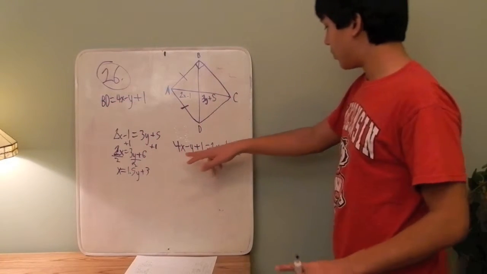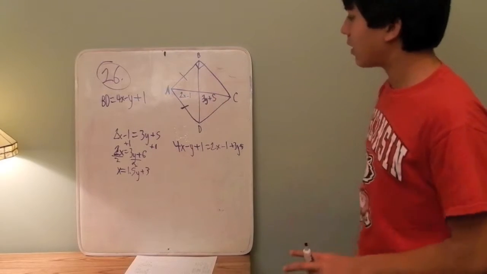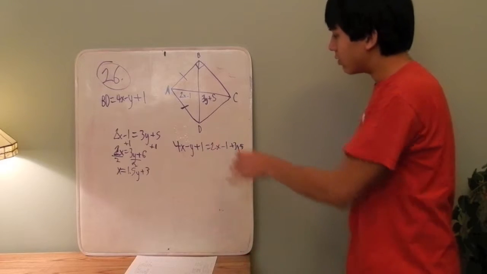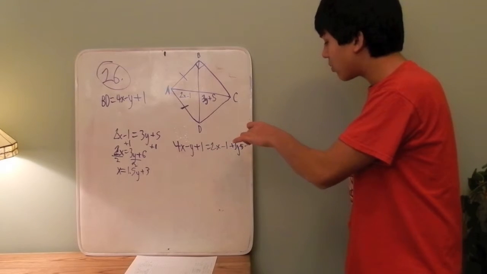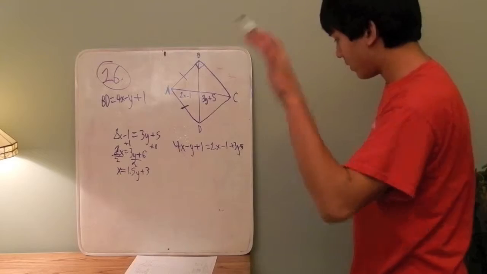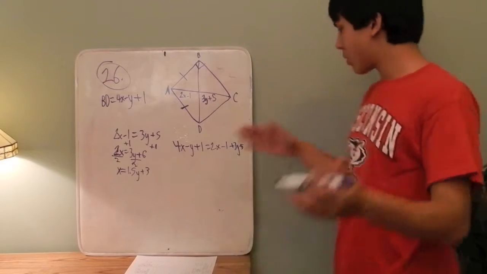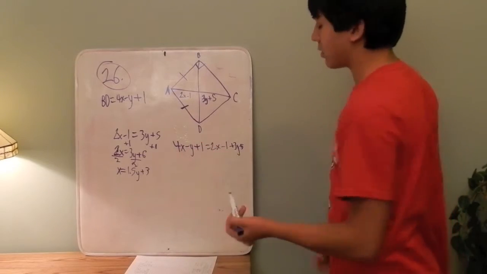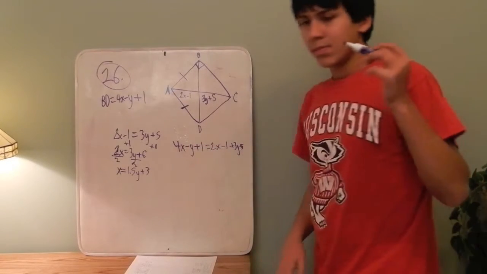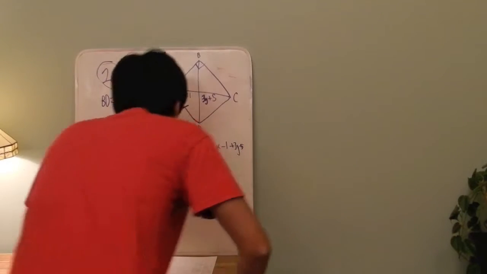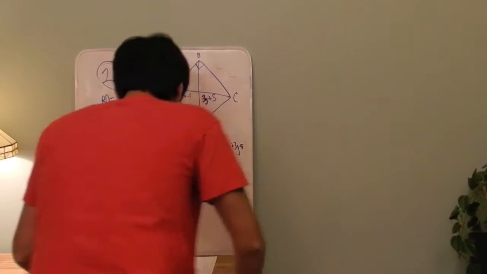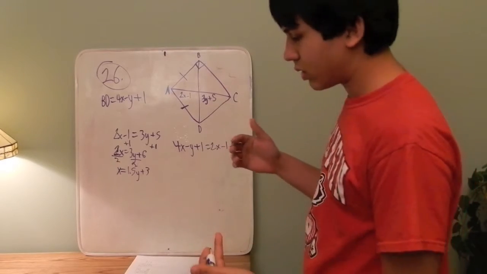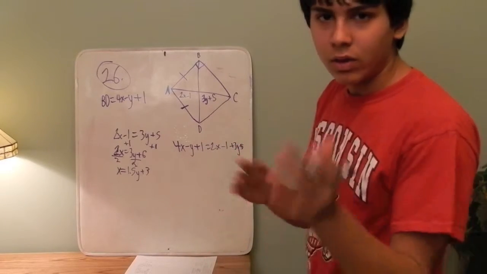So we put this and these two added together into an equation, and we get 4x minus y plus 1 equals 2x minus 1 plus 3y plus 5. Alright, now we substitute in x for all the x's in this so that we can solve for y. I'm going to put what I got after I distributed out the numbers.